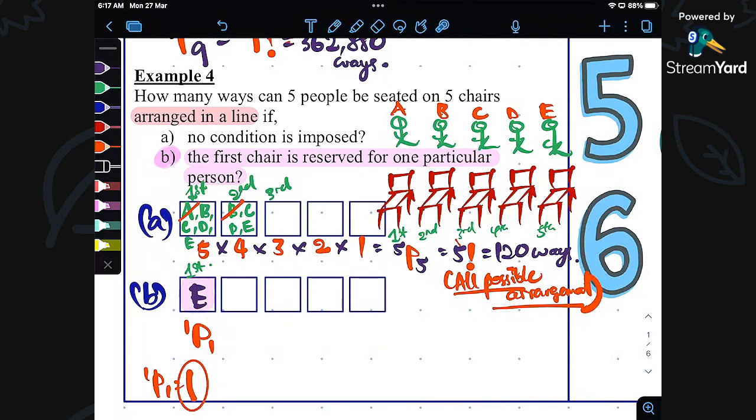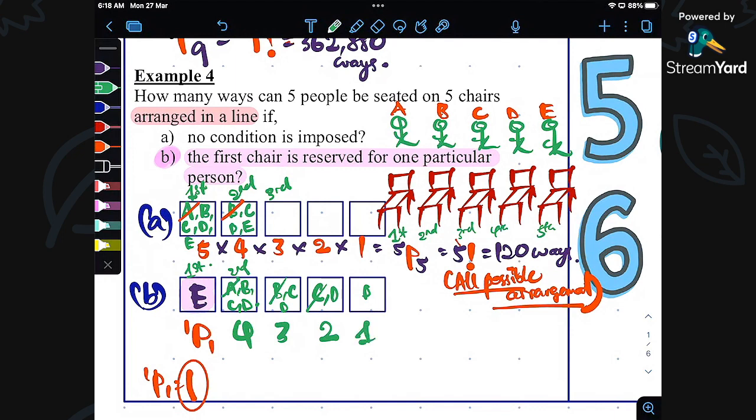So once one person is seated there, how many people are left for the second chair? Say E is seated, then A, B, C and D are left. So how many of them can be seated on the second chair? There are 4 of them. Let's say A is seated, then B, C and D are left. Only 3 people. Let's say B is seated, only 2 people left. Let's say C is seated, only D is left.